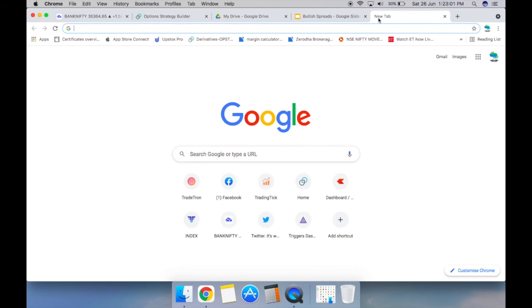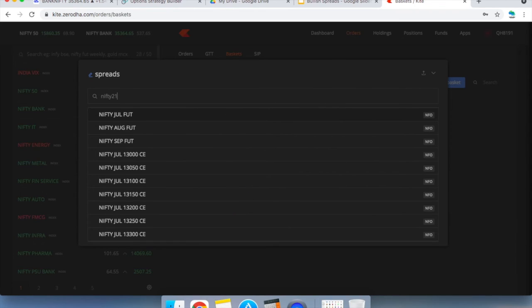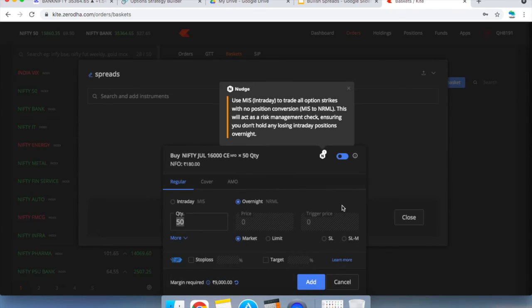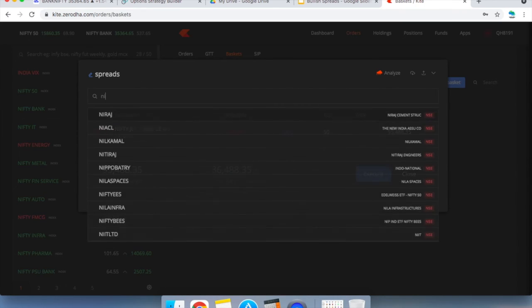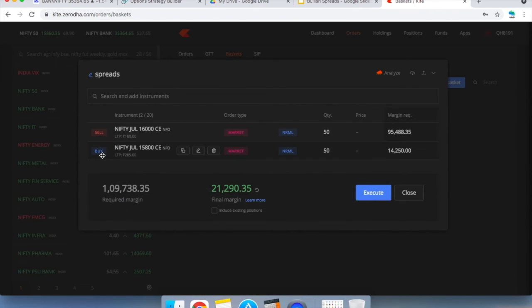Now let's go to Kite. Nifty July 16,000 call is to be sold. Nifty July 15,800 call is to be bought. What do you have to do?